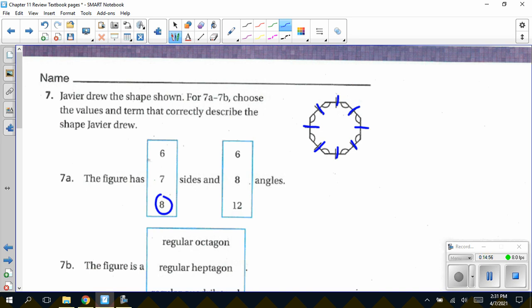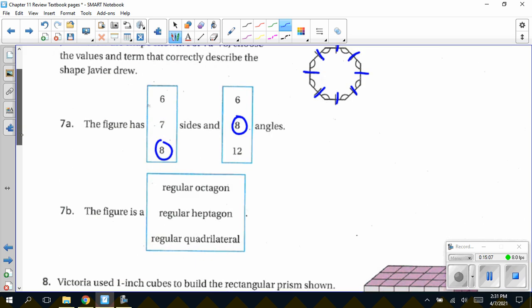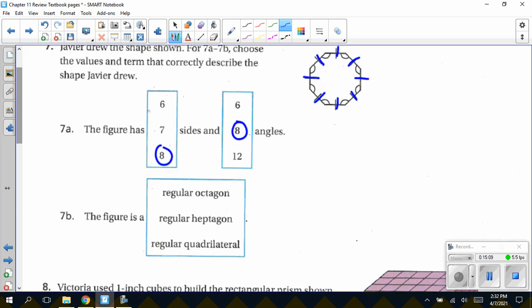And if you recall from lesson 1, if you have 8 sides, you will also have 8 angles. So that is worth 2 points right there. And then for B, they want to know what the name of that polygon is. Well, I know an 8-sided polygon is an octagon, and obviously it is regular. So that would be the 3rd point for that question.